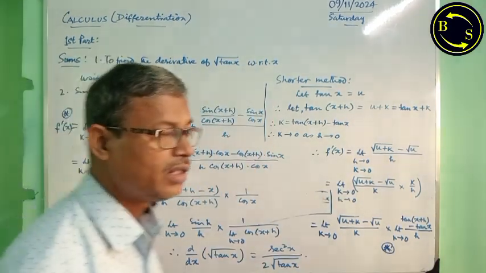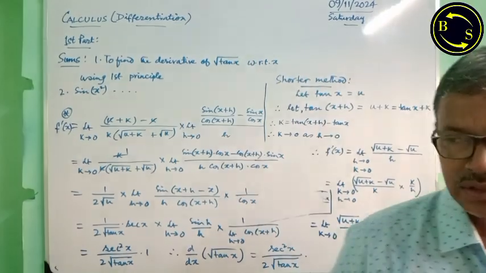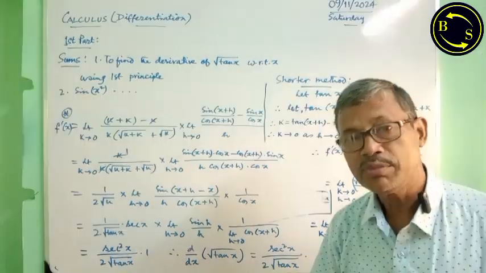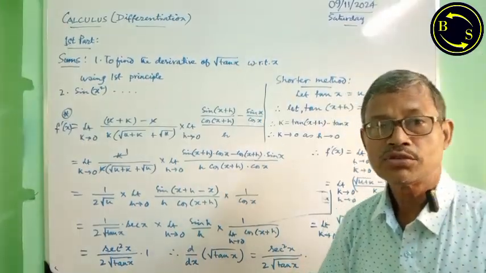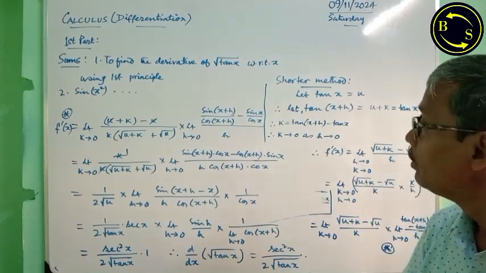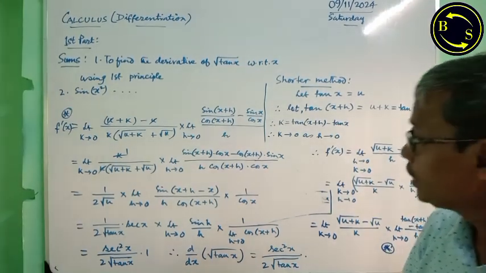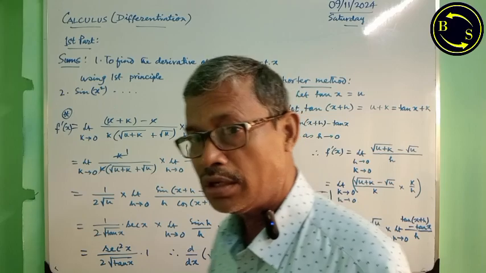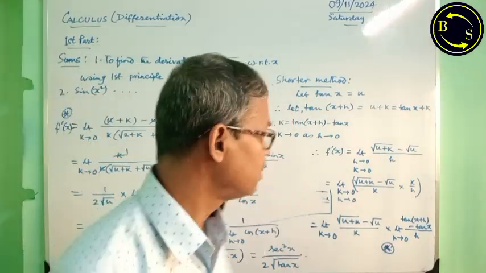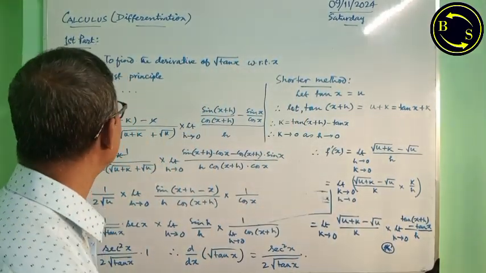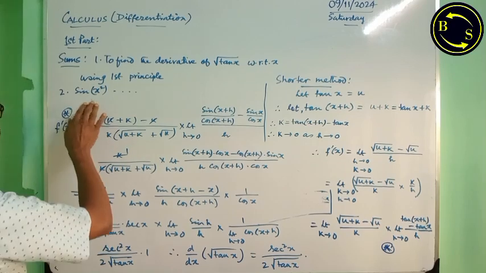This is actually quite simple, but as I already mentioned, the limit can also be found using the method discussed earlier. Now I move to find the derivative of this one.